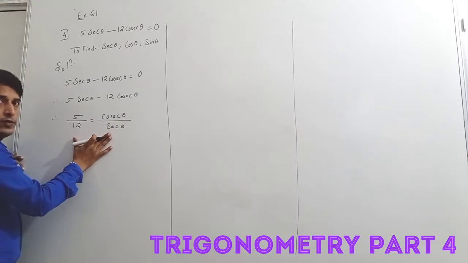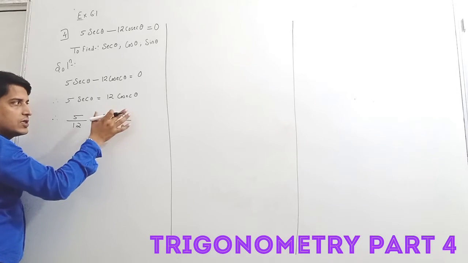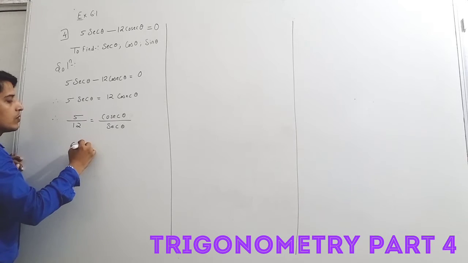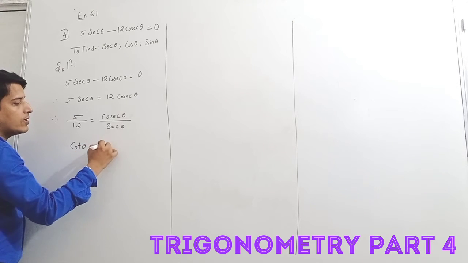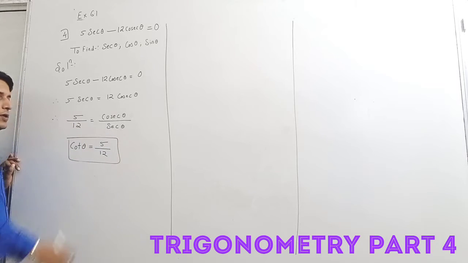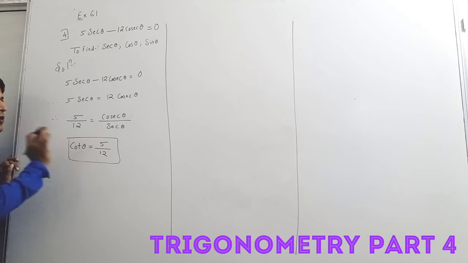Now just have a look over here: cosec theta upon sec theta can also be written as cot theta. And the value of cot theta comes to 5 upon 12. We have got the value of cot theta, that is 5 upon 12.